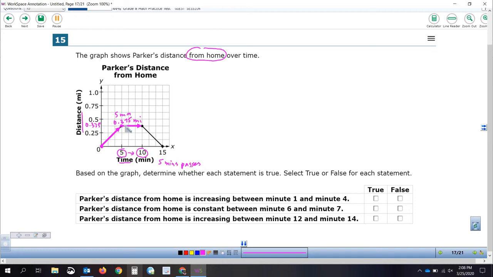But what about the distance? Did it go up? Did it go down? Or did it go straight across? The answer is, of course, it went straight across. What was the distance he started at? 0.375 miles. What was the distance he ended at? 0.375 miles. So what does that tell you? His distance did not change.